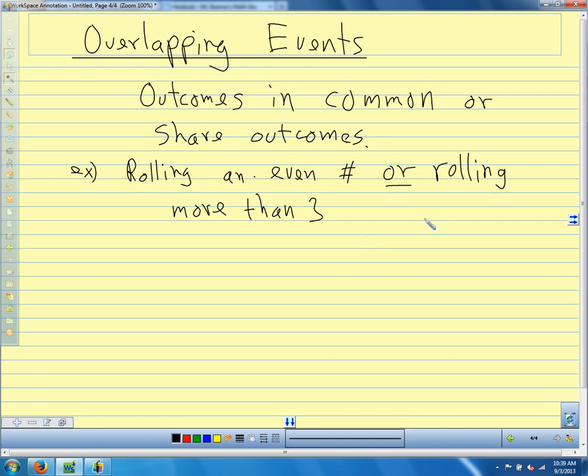So there's our keyword. We have or. So what are we going to guess? How are we going to work with these probabilities? Add. So it's going to have something to do with adding probabilities.